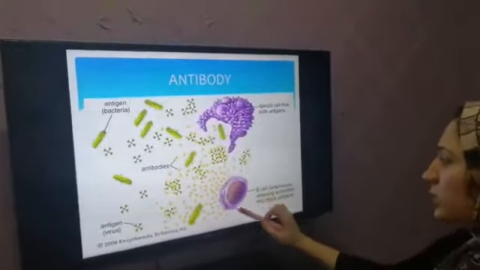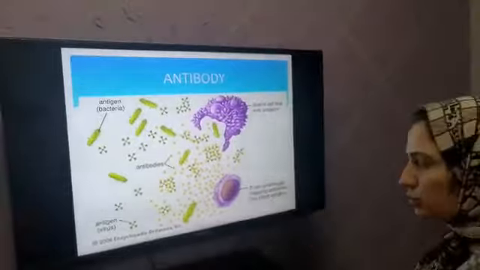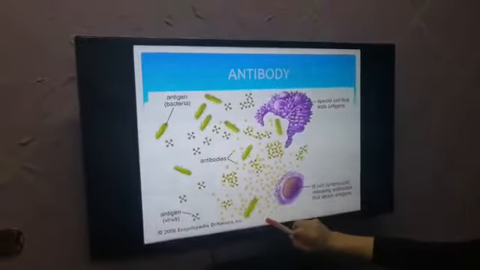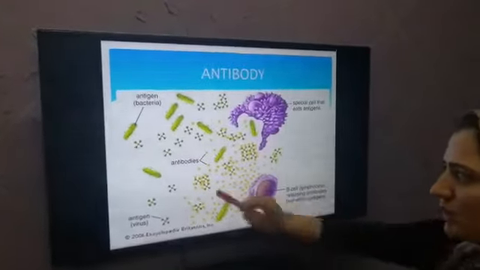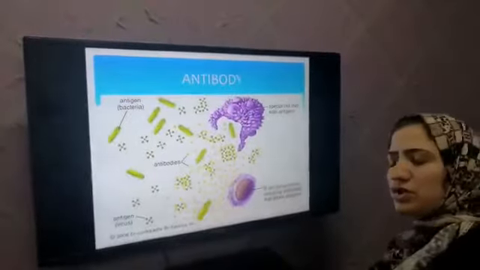The B cell, which is found in the immune system, will release antibodies. These small yellow balls represent antibodies, and these green lines represent the antigens.